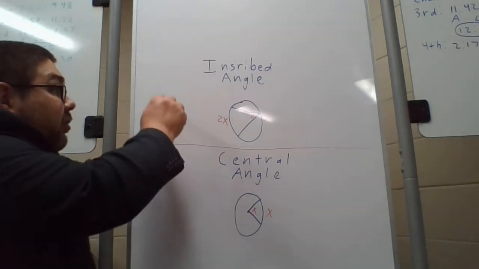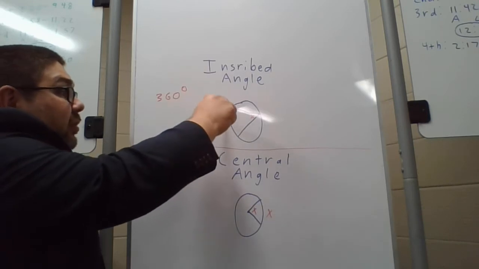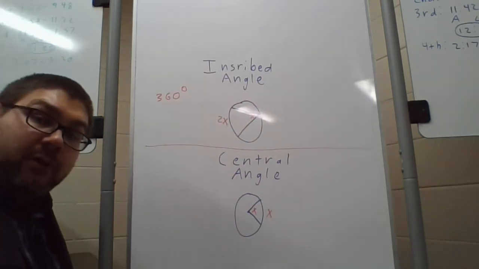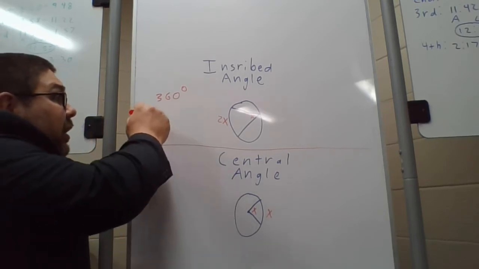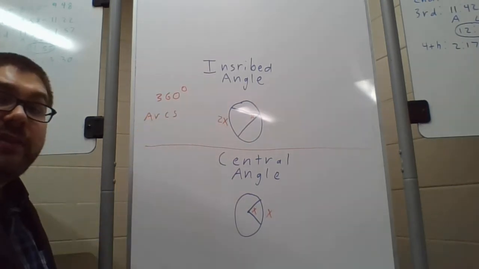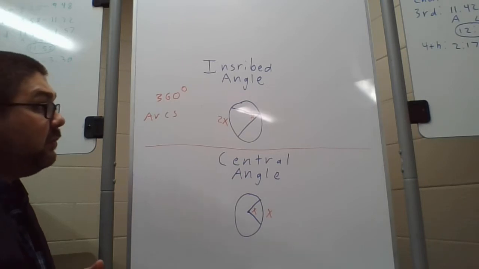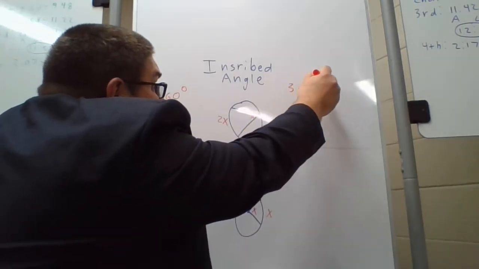There are 360 degrees around the outside of the circle. Okay? And arcs are outside the circle and they make up a total of 360 degrees. Now, angles are part of the inside of the circle.